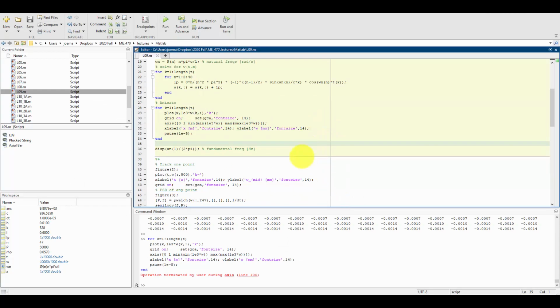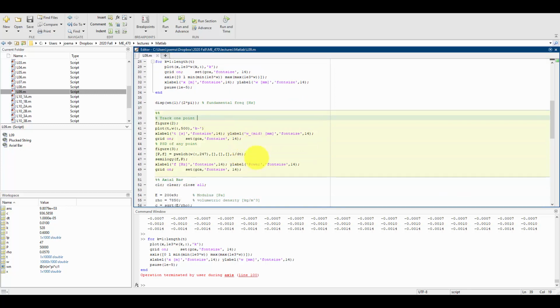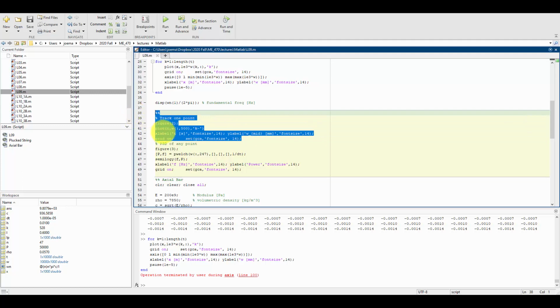Now we have an infinite number of points between 0 and L on this string. What I'm going to look at is just one of those points. I want to know what's happening to just one point, and I'll pick here the middle point. So I'm only picking out the 500th column of W, which is basically that middle point. And I want to see what it is doing versus time. So let's just look at tracking that one point. And now, because it's only a single point, I can plot it over time.